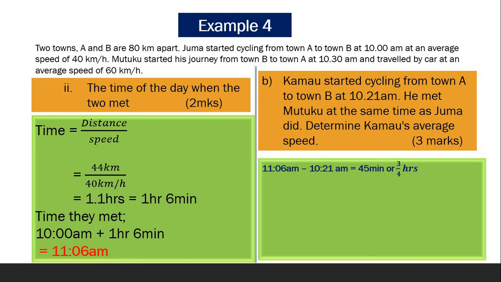That gives us 45 minutes or 3/4 hours. Speed is given by distance over time. So the distance equals 44 kilometers over 0.75 hours, which is the conversion of 3 over 4 hours. That gives us 58 2/3 kilometers per hour.